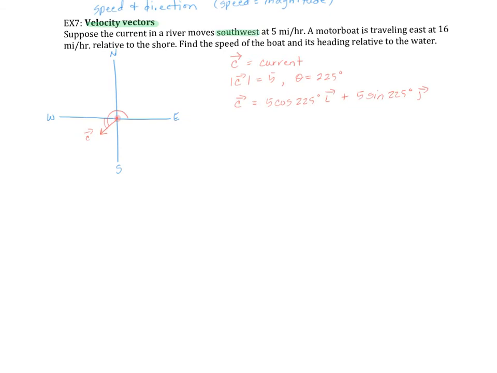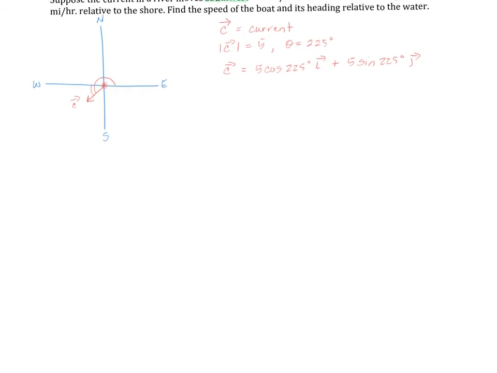Remember, your mode is degrees. Cosine of 225 degrees is going to be negative square root 2 over 2. So this vector is simply negative 5 square root of 2 over 2 i minus 5 square root of 2 over 2 j. Sorry, I forgot to write that negative. And I'm not going to approximate it; I'm going to leave them as exact.